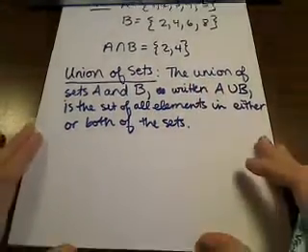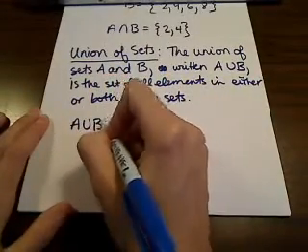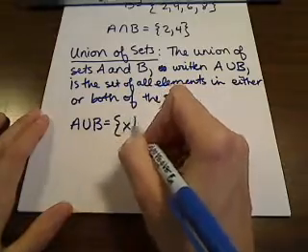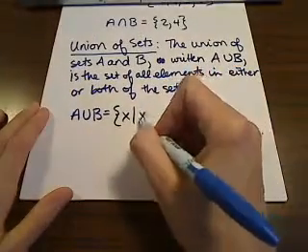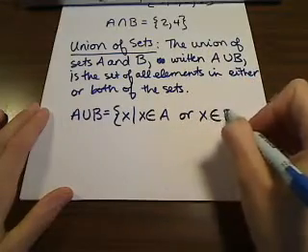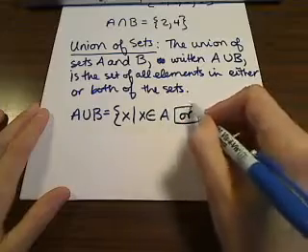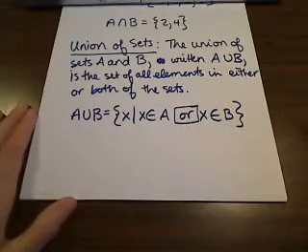Okay, so in our set notation, A union B is going to look like this. It's going to be x such that x is an element of A, or x is an element of B. Okay, and again, the key word when we're talking about unions is the word or.